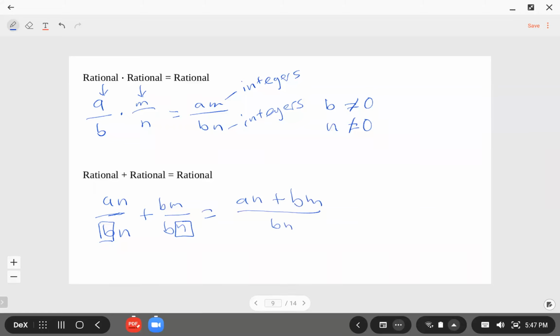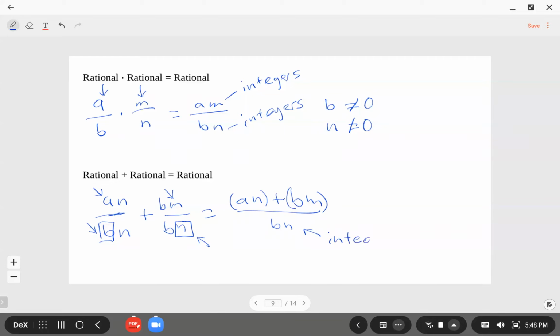Now we proved it, because remember where I said a will be an integer. b will also be an integer, the same with m and n. Integers multiplied by integers, plus another set, so integers plus integers will equal an integer. And b times n is also an integer.